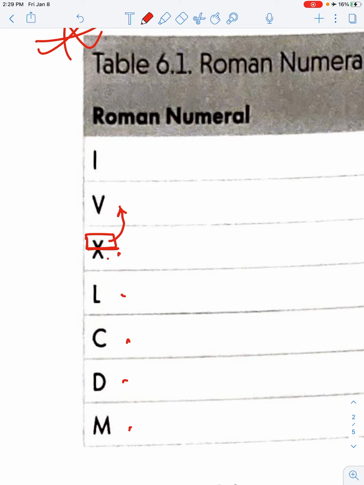Now let's talk about the C and the M for a second. How many years are in a century? 100 years. How many cents are in a dollar? 100 cents are in a dollar. Supposedly, how many feet are on a centipede?